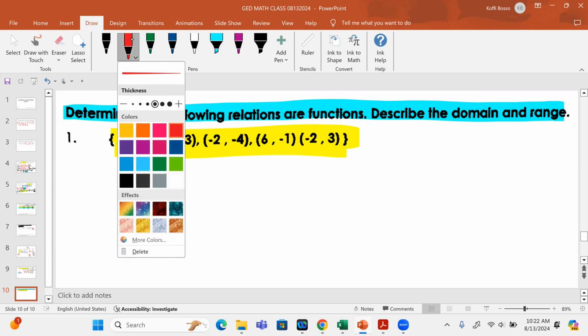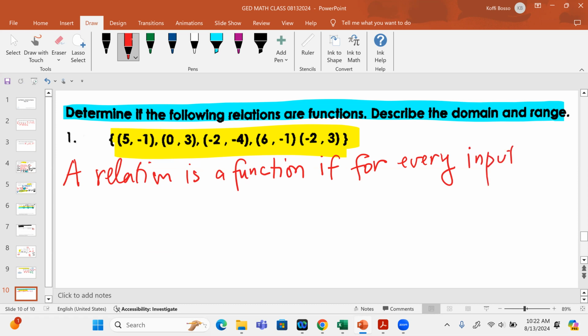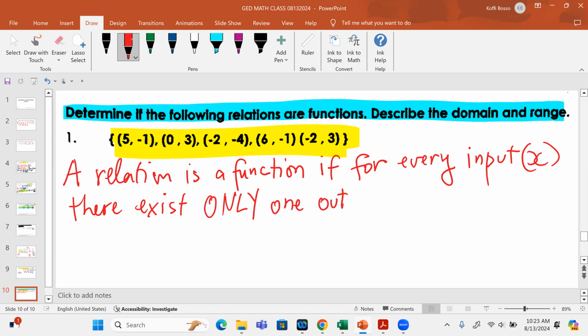A relation is a function if, for every input, that input is the x, so parenthesis x, for every input x, there exists only, I put this in capital, ONE output y.